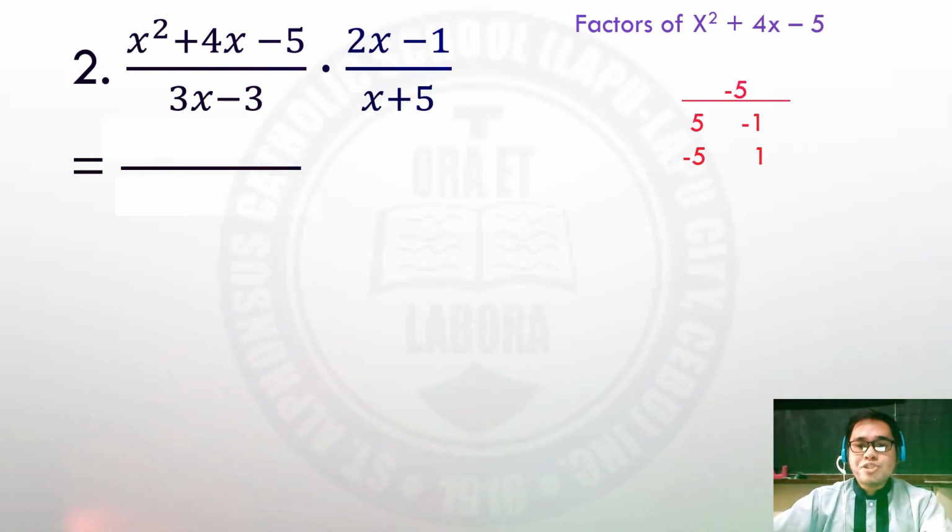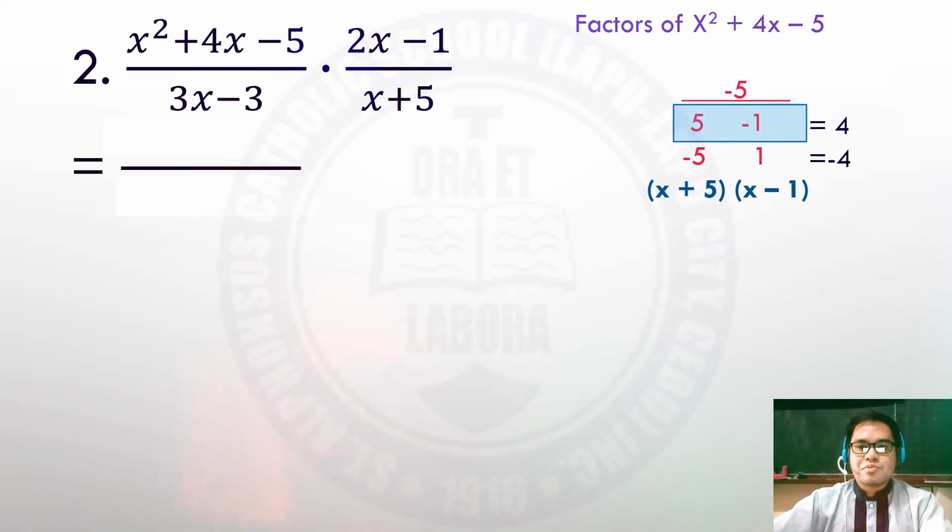Once you add them, the answer is 4, and the answer is negative 4. As you can see, the second term of x squared plus 4x minus 5 is positive 4. So which factors comply with the rule for getting the factors of this quadratic trinomial? Okay, this one, 5 and negative 1. So meaning to say, our factors would be x plus 5 and x minus 1.